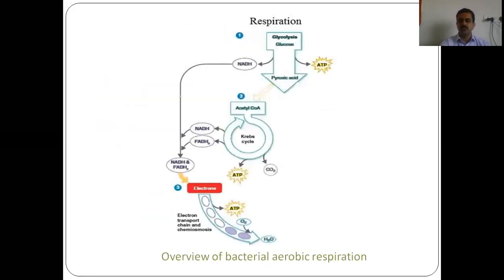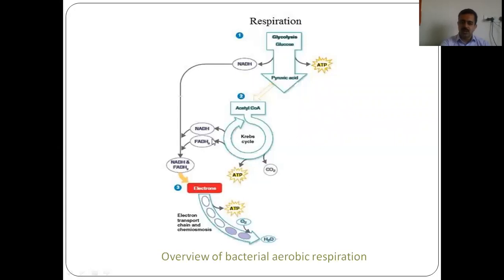See here, from glycolysis to pyruvic acid, NADH and ATP molecules are generated. Pyruvic acid gets converted to acetyl coenzyme A. It runs into the Krebs cycle where CO2 is released and another ATP molecule is generated.